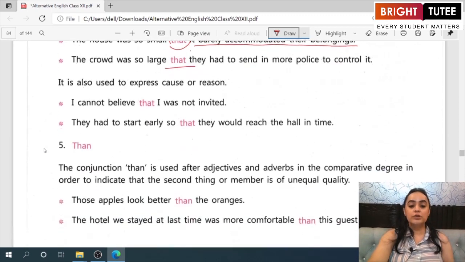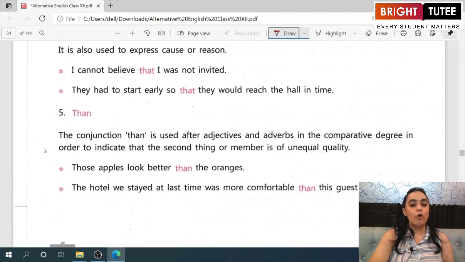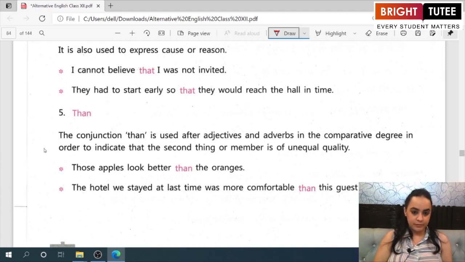It is also used to express cause or the reason for something. For example, I cannot believe that I was not invited. So what is the cause? What is the reason for you not having believed it?